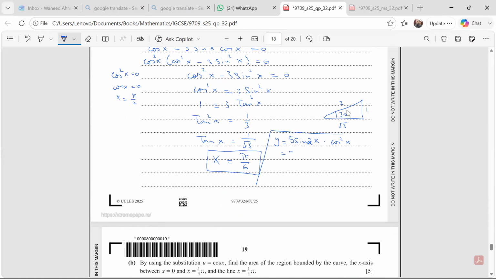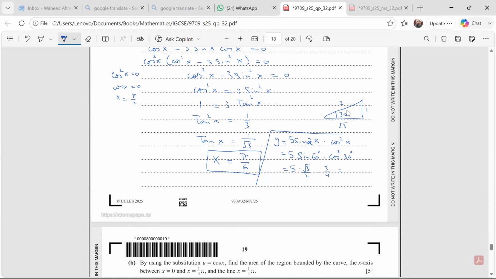Okay, so 5 and sine of 2x. If x is pi by 6, meaning 30 degrees, then 2x would be 60 degrees. So sine of 60 degrees, and cosine of pi by 6, so this is cos square 30 degrees. So 5, sine 60 degrees is under root 3 by 2, and cosine 30 degrees is also under root 3 by 2, but it's squared, so it's going to be 3 by 4.